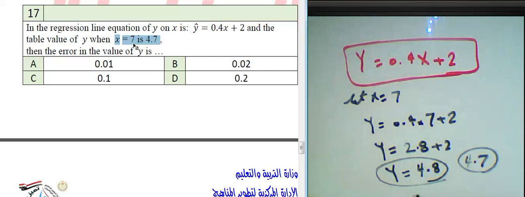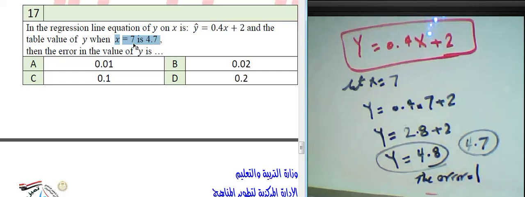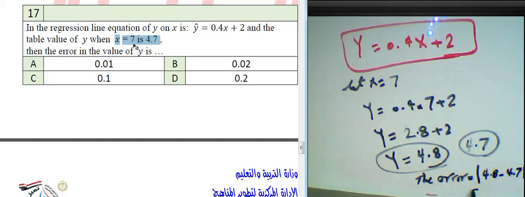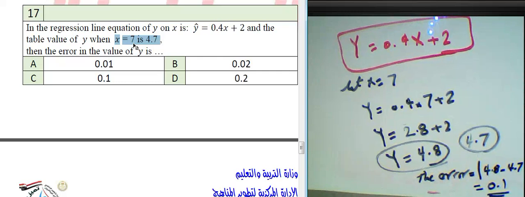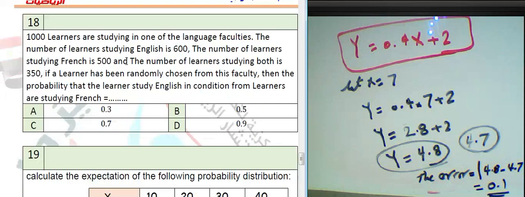The error will be equal to the absolute value of the difference, 4.8 minus 4.7, which is 0.1. The result must be positive. Don't choose negative in this example. Understood? The result will be 0.1. The error at all times must be positive. If the teacher gives you in this example 0.1 and negative 0.1, don't choose negative 0.1, you must choose positive. Okay. Question 18.